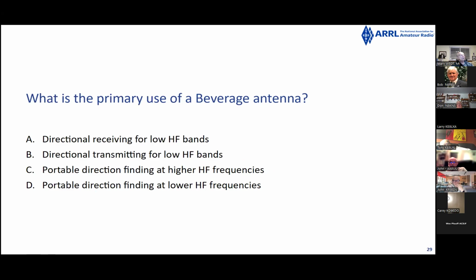What is the primary use of a beverage antenna? Directional receiving for low HF bands, directional transmitting for low HF bands, portable direction finding at high HF frequencies, portable direction finding at low HF frequencies.